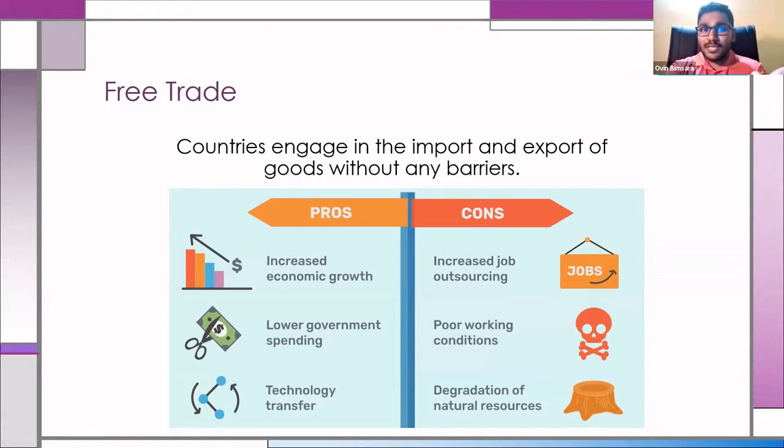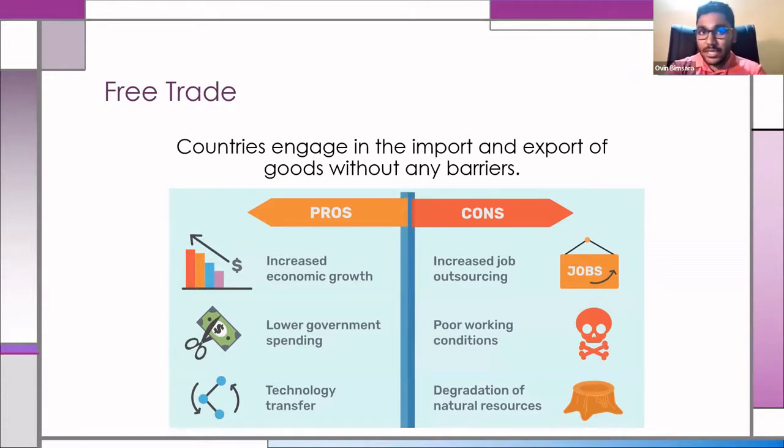So likewise, when free trade occurs, sometimes the domestic citizens might lose job opportunities to the international players. And poor working conditions. When you want to exploit developing countries to achieve that relative cost advantage, we can witness poor working conditions.